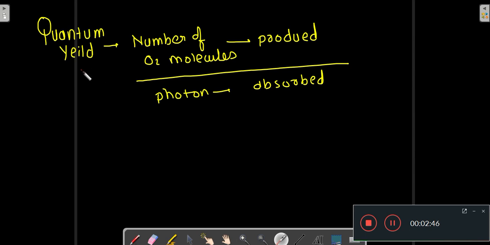Now what is quantum yield? The quantum yield is the number of oxygen molecules which are produced per photon absorbed.